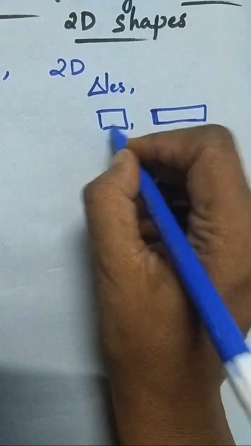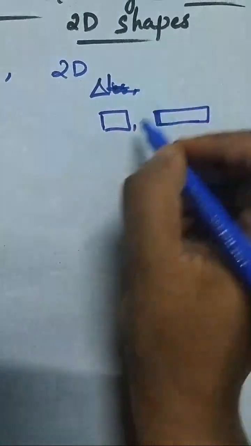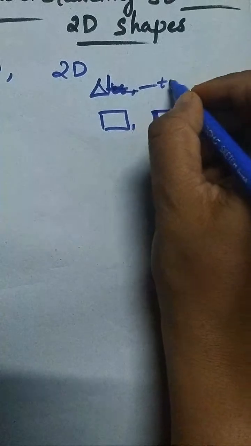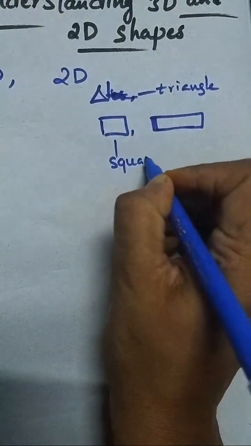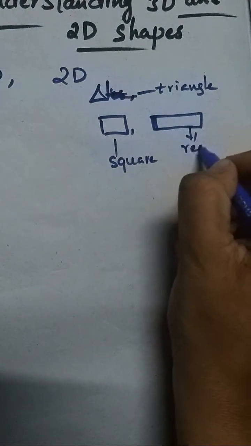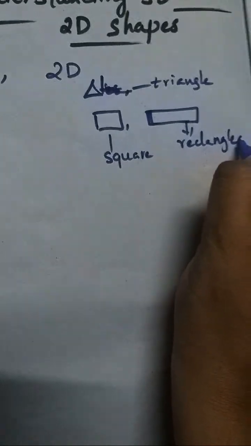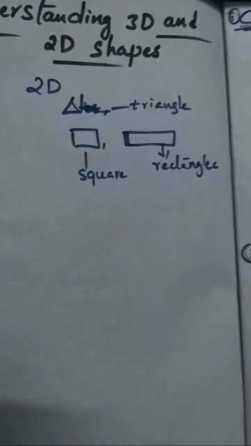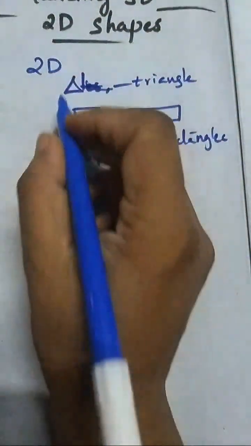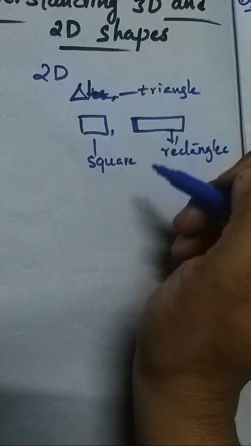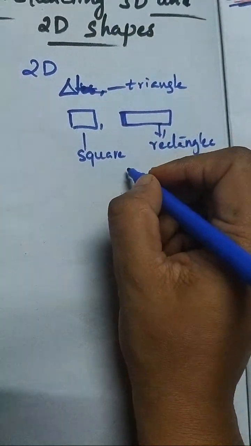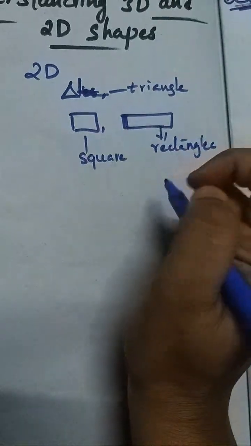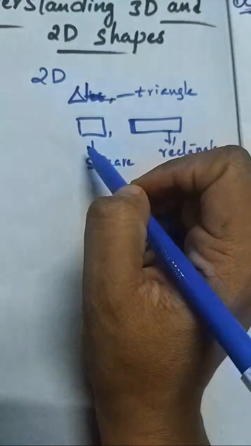This is a triangle, this is a square, and this is a rectangle, and so many etc. We have so many examples. These are all triangle, square, rectangle, and so many examples we have. Okay, these are all 2D shapes.